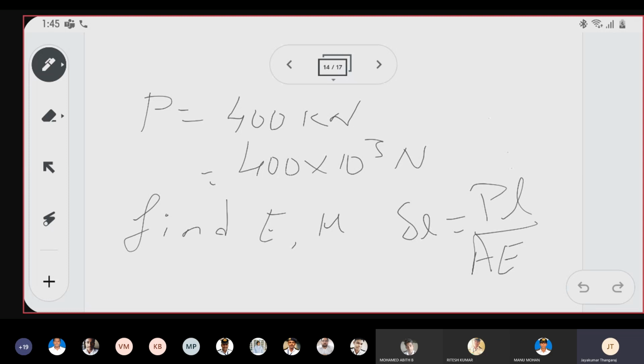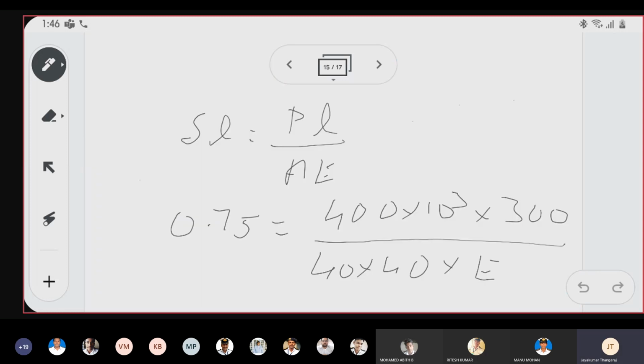Now substitute P, L, A and del L to find Young's modulus. So 0.75 equals 400 into 10 power of 3 into 300, divided by 40 into 40 and E, where E is unknown.